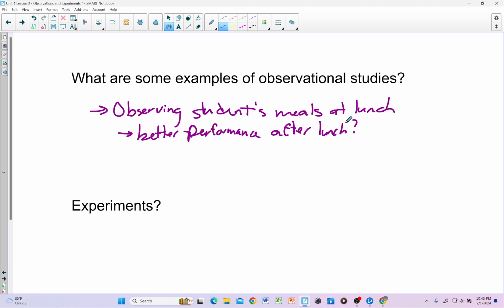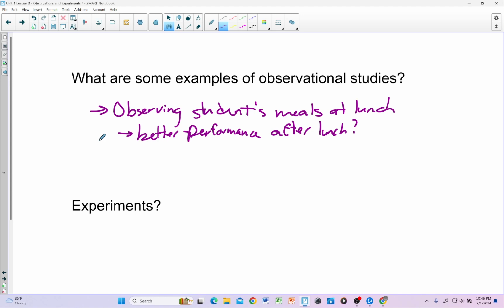If a student eats a balanced meal at lunch, do they do better after lunch? That could be a good observational study. Or we could look at plants and say, hey, this plant's in the sun, this plant's not in the sun, and just simply observe what is happening when.